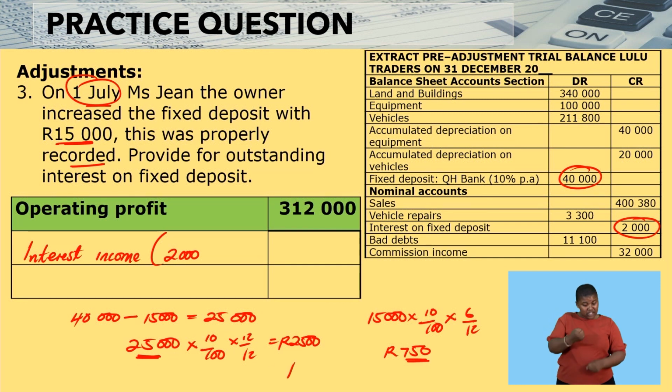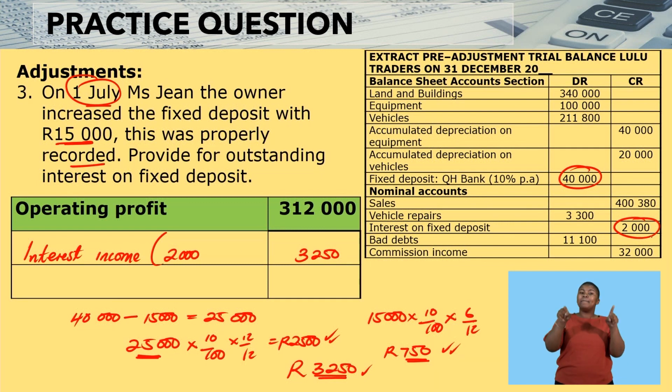So for this year, our total interest on fixed deposit is 2,500 plus 750, which gives you 3,250. So my interest income here must be 3,250.